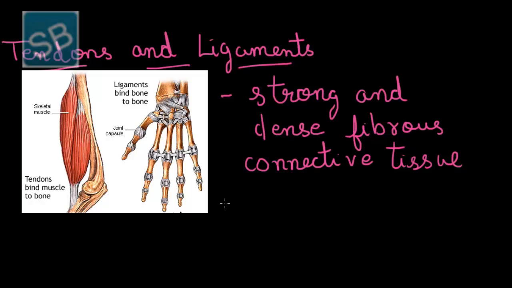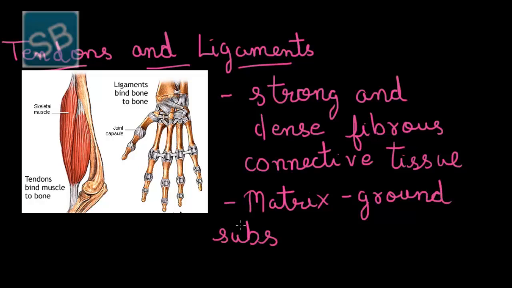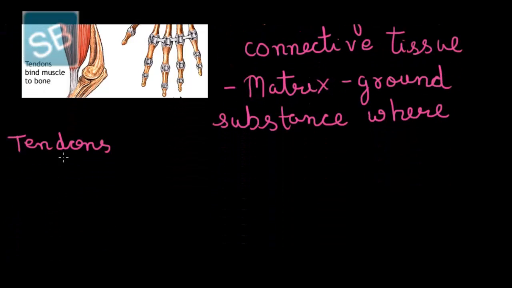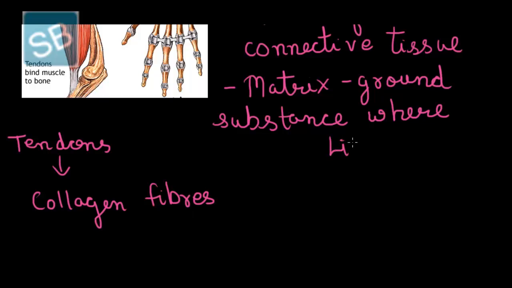Thus, they contain matrix as their ground substance, where tendons consist of collagen fibers as the matrix and ligaments consist of elastin fiber as their matrix.